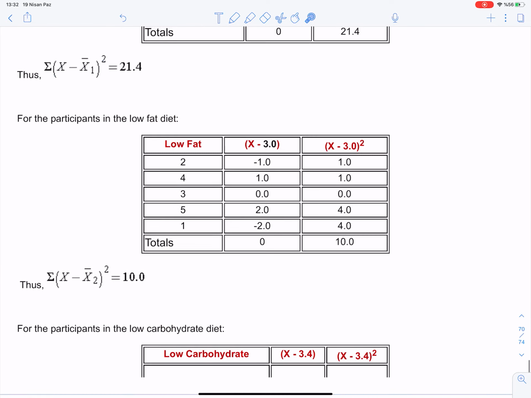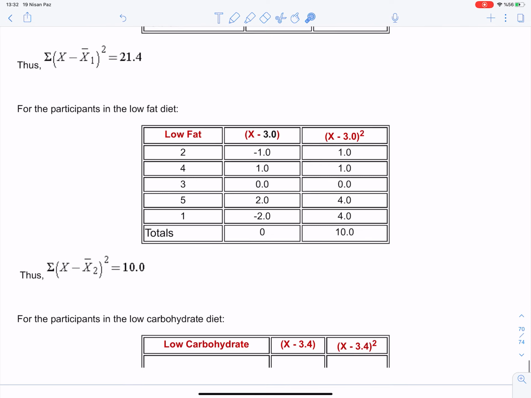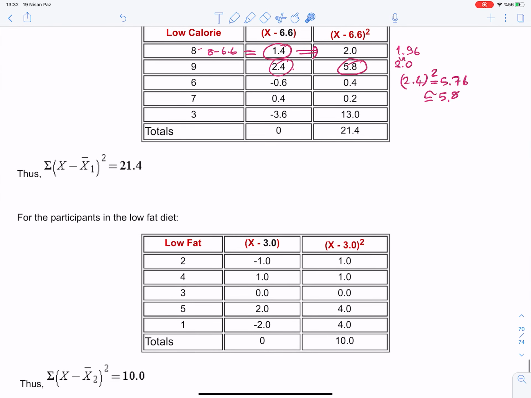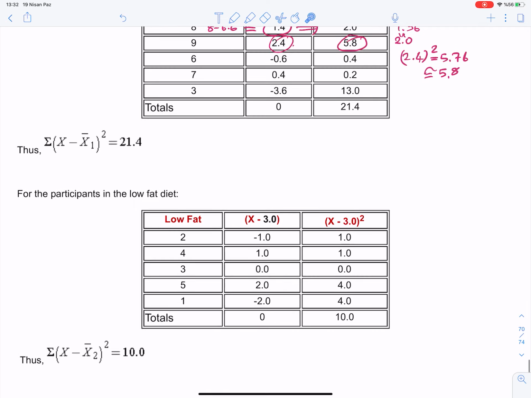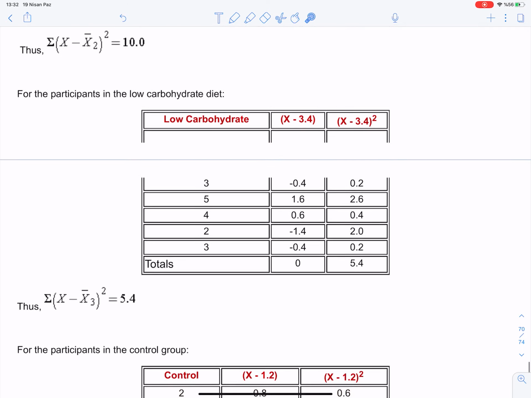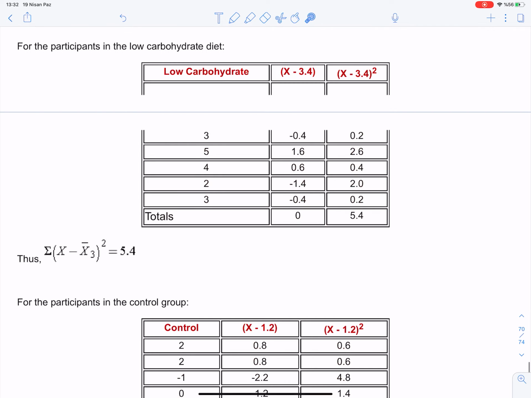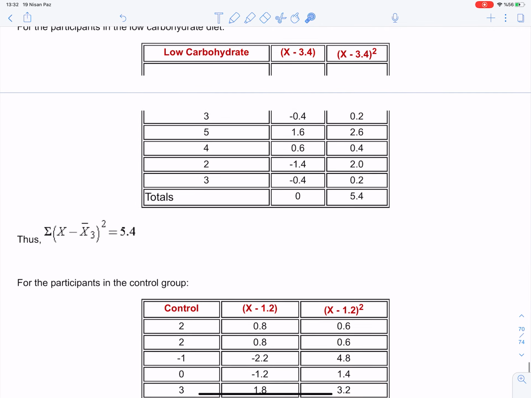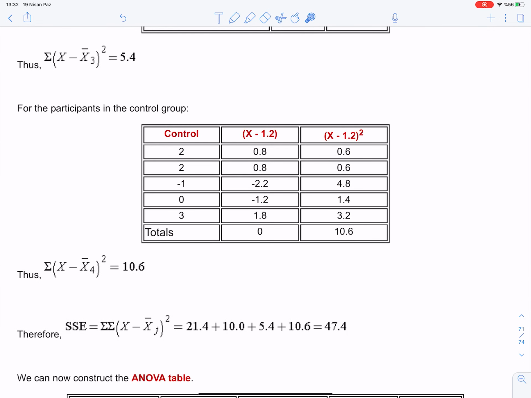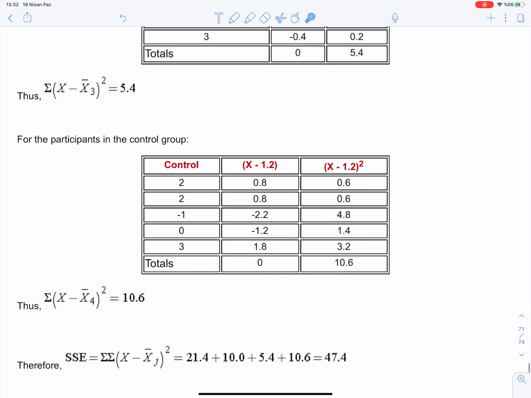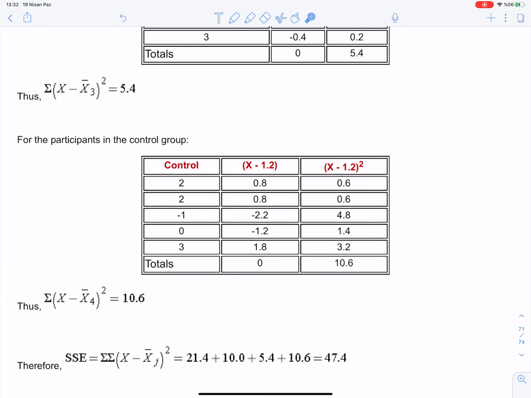Now to get the sum of squares within, I'm going to add up 21.4, 10, and 5.4. And then you also have the sum of squares for the control group, we have missed that.